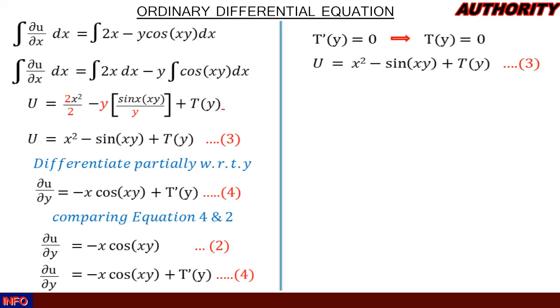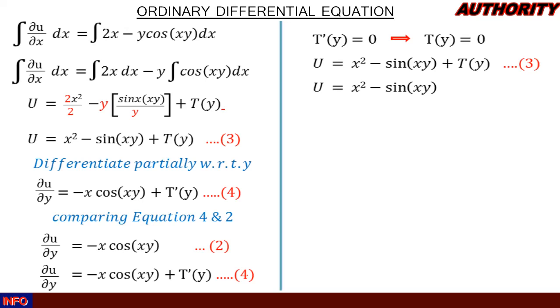Our u in equation 3, we say we have x squared minus sine xy plus t of y. And now t of y is 0. So that means our function u of x comma y that we are looking for is x squared minus sine xy.